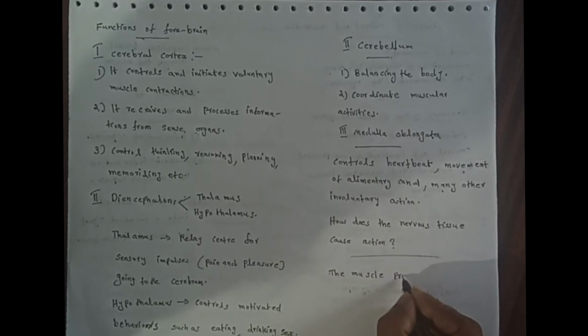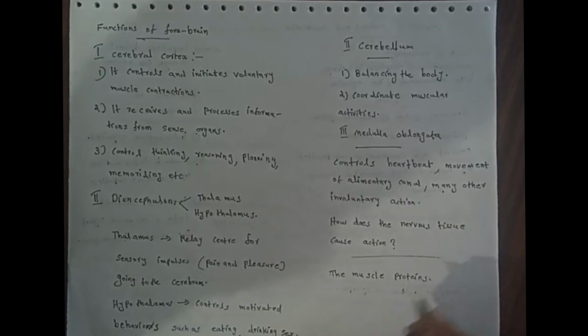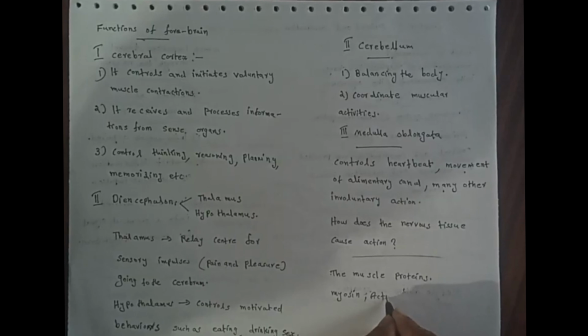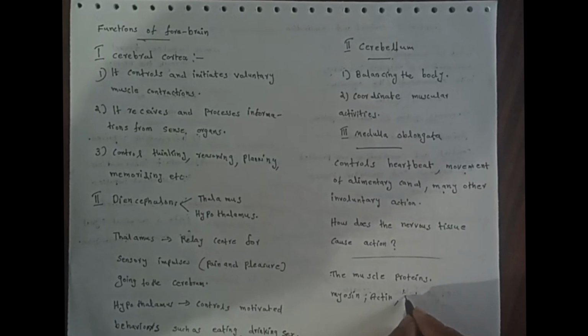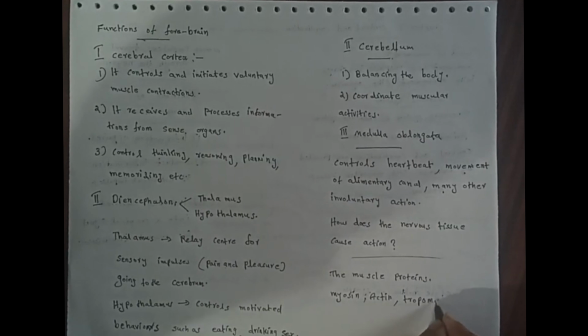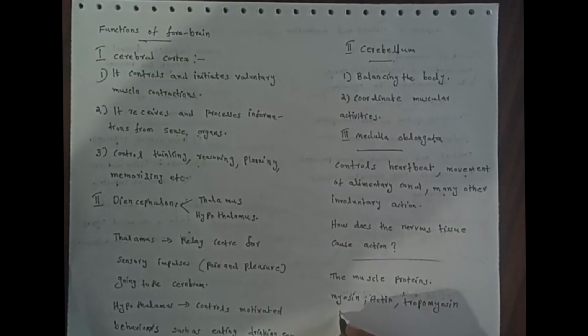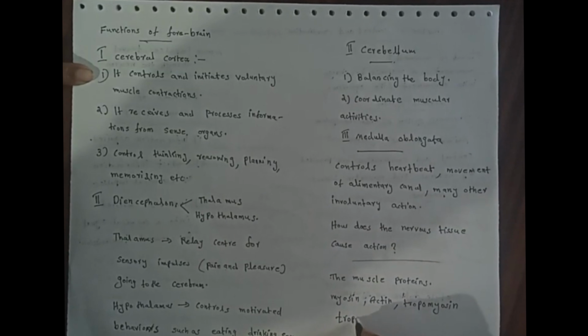The muscle proteins are myosin, actin, tropomyosin, and then the fourth, troponin.